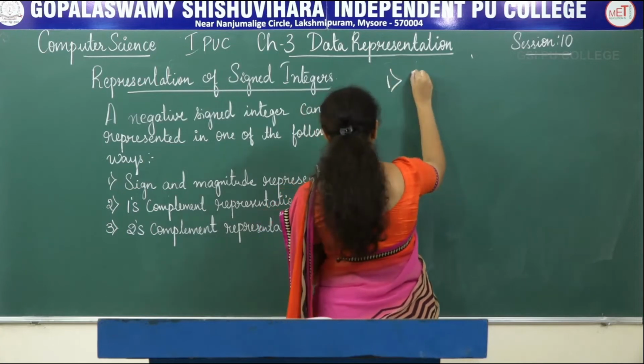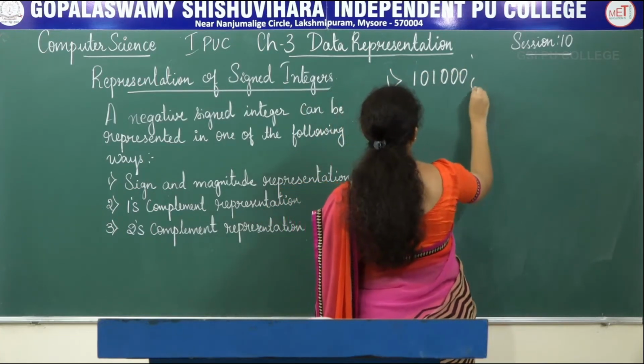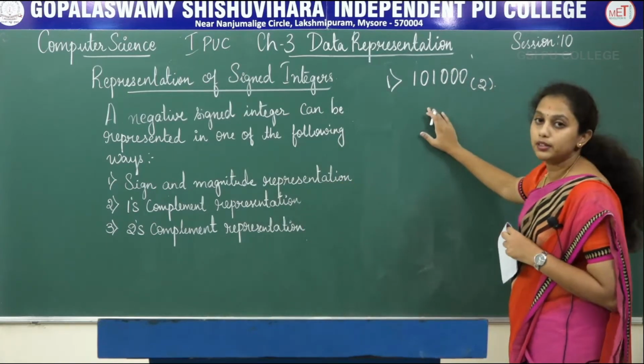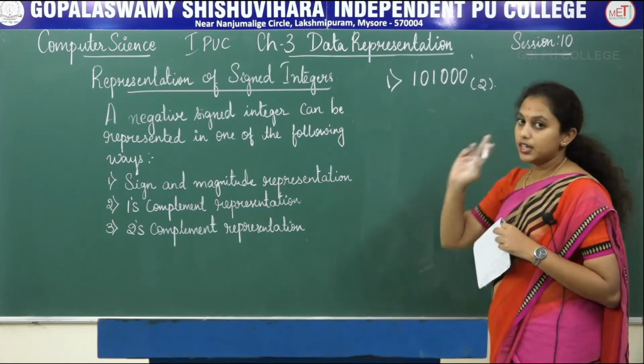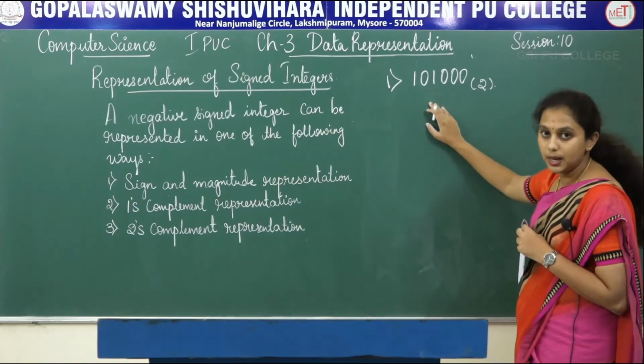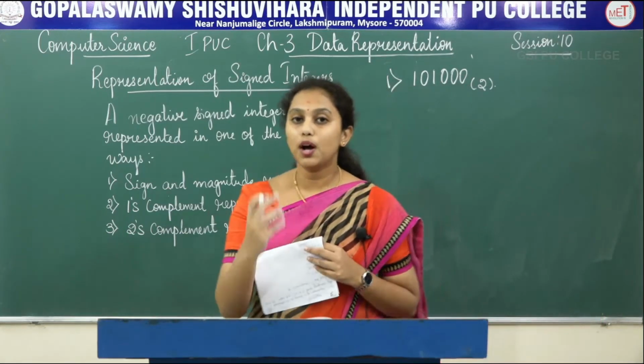First problem is 1, 0, 1, 0, 0, 0 base 2. So we have to find out the 2's complement of this number. First step is we have to find the 1's complement of this binary number. Then for the obtained value we have to add 1.